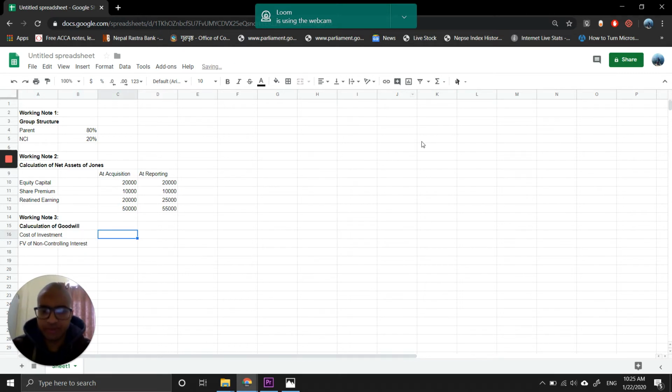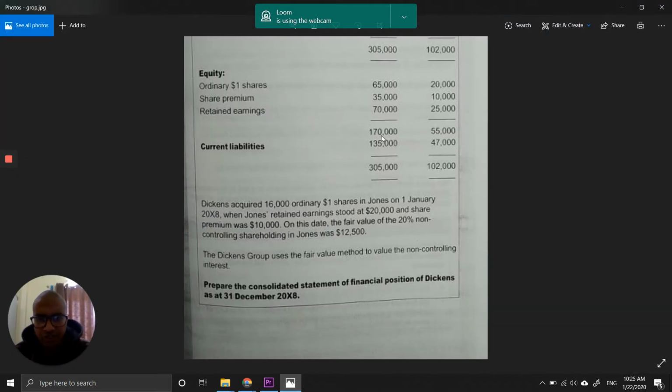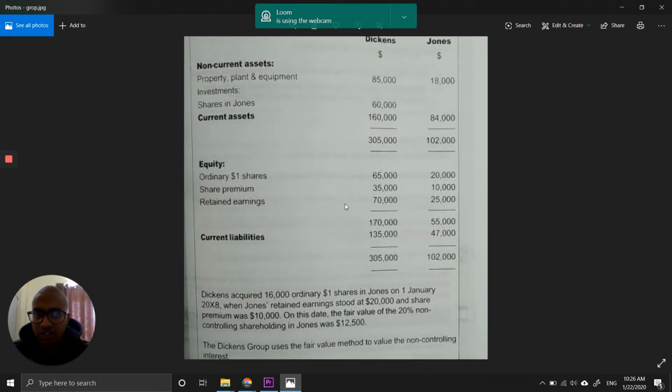So what is your cost? When you look at the question, it says Dickens acquired 16,000 $1 shares in Jones on 1st January 20X1, when Jones' retained earnings stood at 20,000 and share premium stood at 10,000. On this date, the fair value of the 20% non-controlling interest was 12,500. Okay, so Dickens uses the fair value method to value the non-controlling interest, right? It seems that he paid just $1 for 60,000 of shares, but that is not the case.